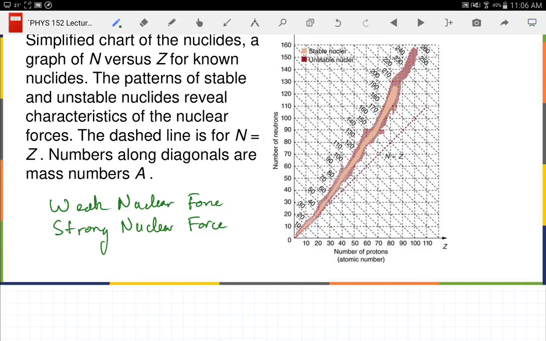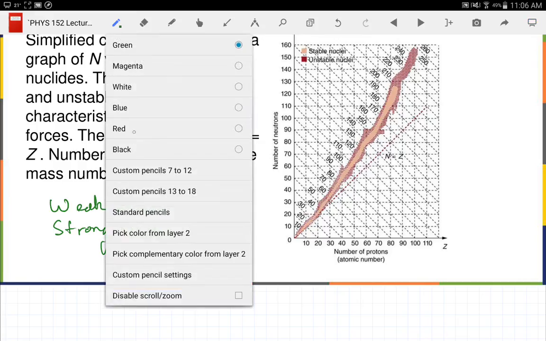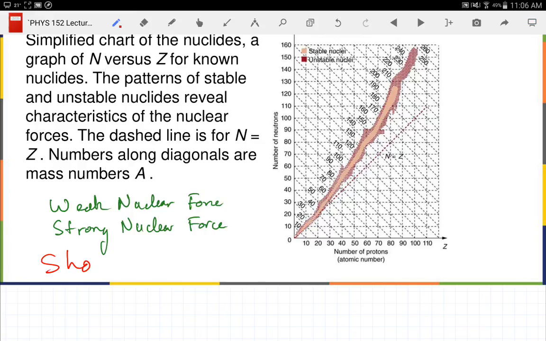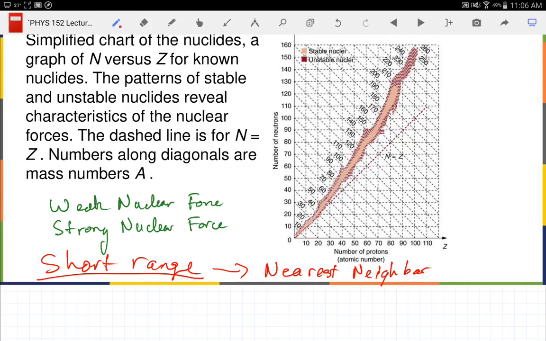So protons and neutrons are attracted by these forces. But there's a difference. These are very, very short-range forces. Effectively only affects your nearest neighbor. So we can think of this, we have a short-range attractive force.